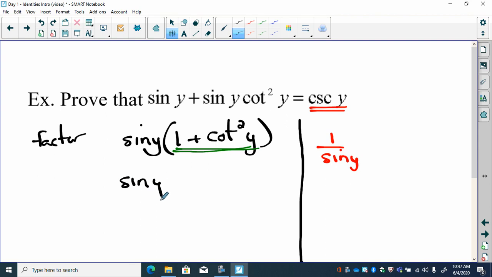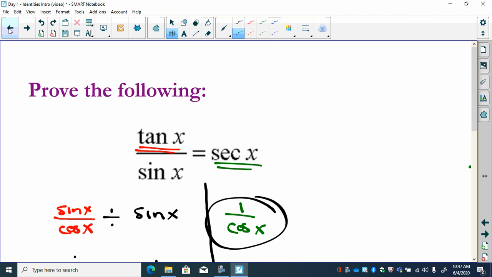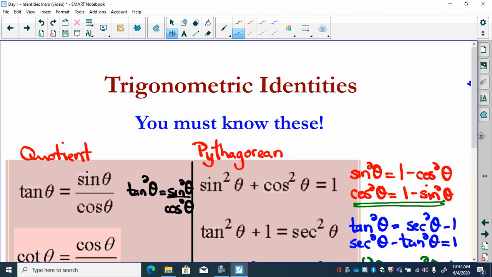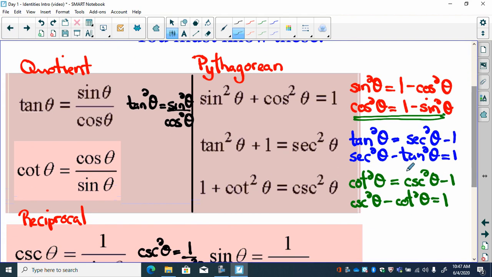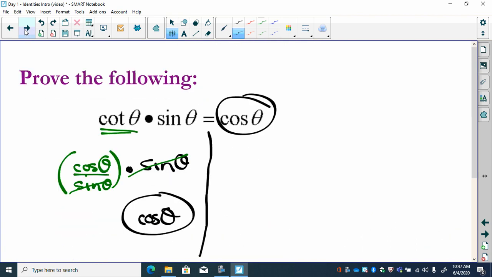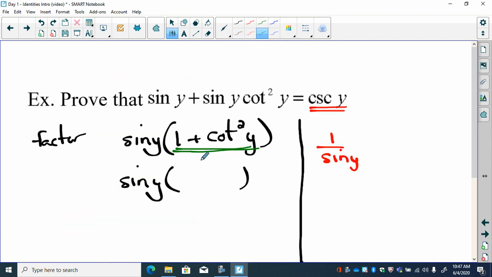I'm going to manipulate this in the brackets. And what can I change that to? 1 plus cotangent squared y. That's right here. Okay, 1 plus cotangent squared theta, or 1 plus cotangent squared y is equal to cosecant squared y. So I'm just going to replace that whole bracket with a cosecant squared y.